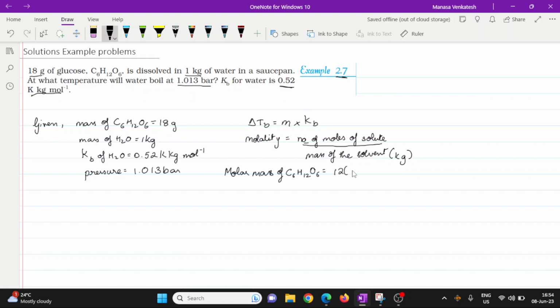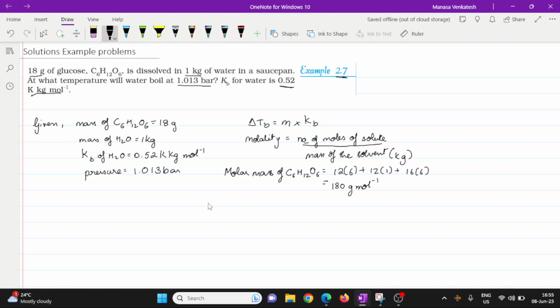Essentially, it's going to be 12 into 6 plus 12 into 1 plus 16 into 6, and this gives us the molar mass of glucose, which is 180 grams per mole.